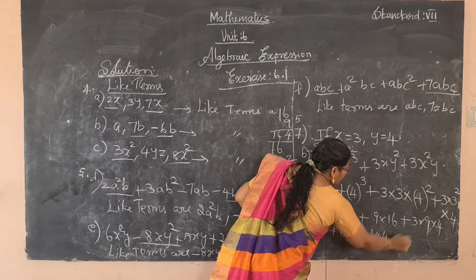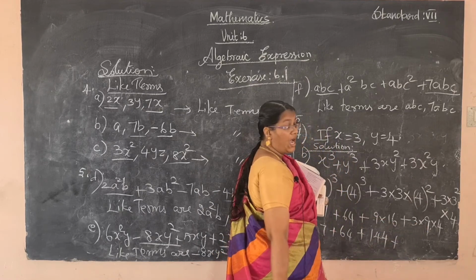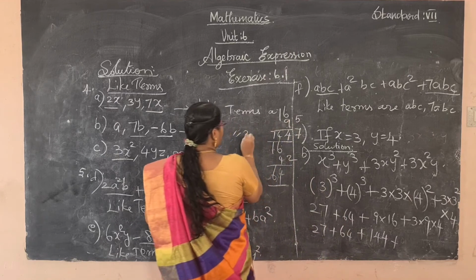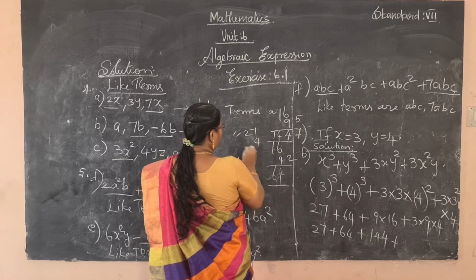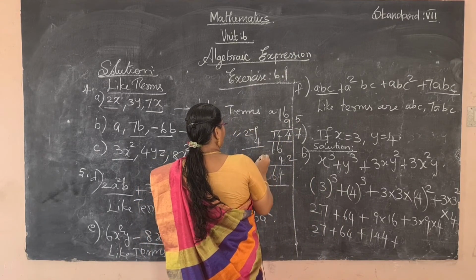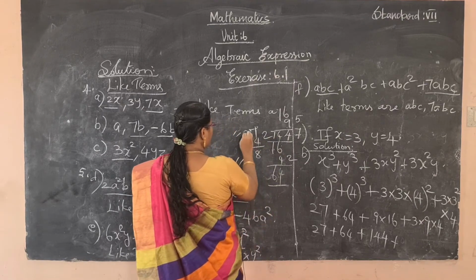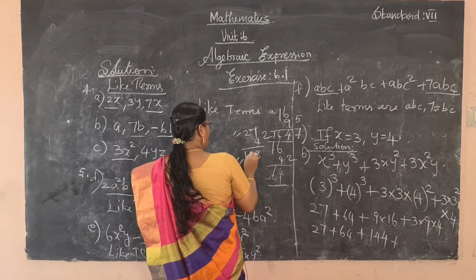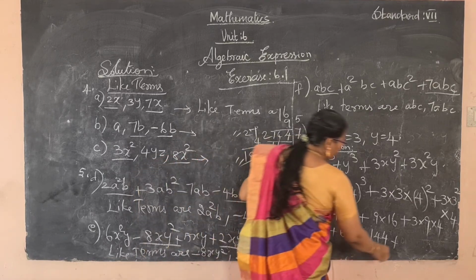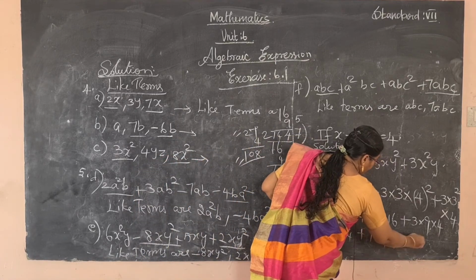144 plus 27. 3 nines are 27. So 27 into 4 is 108.